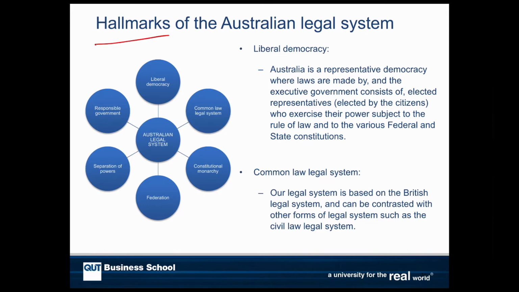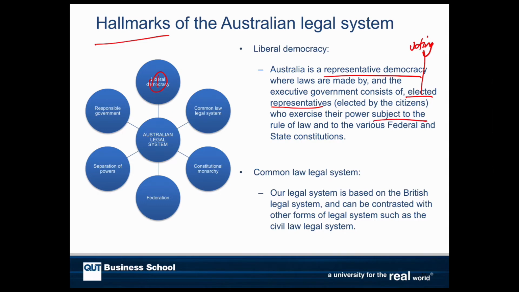There are 6 key attributes that we're going to go through in terms of Australia's legal system. The first one is that we're a liberal democracy, so we're a representative democracy where we vote for the people who are in Parliament. Laws are made by elected representatives, and the executive government consists of elected executives as well.